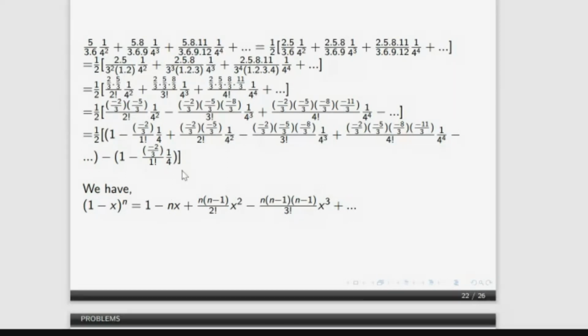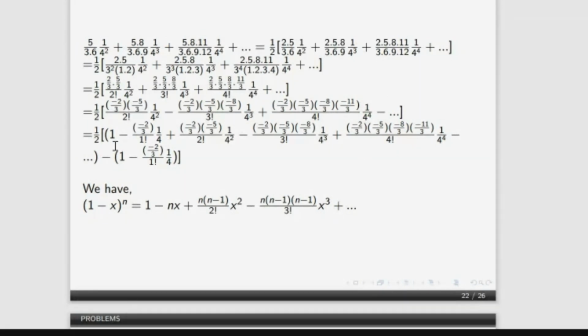Now we are applying the formula, the binomial expansion of 1 minus x power n, which is given by 1 minus nx plus n into n minus 1 by 2 factorial into x square minus n into n minus 1 into n minus 2 by 3 factorial into x power 3, plus etc. So now just forget these 2 terms.